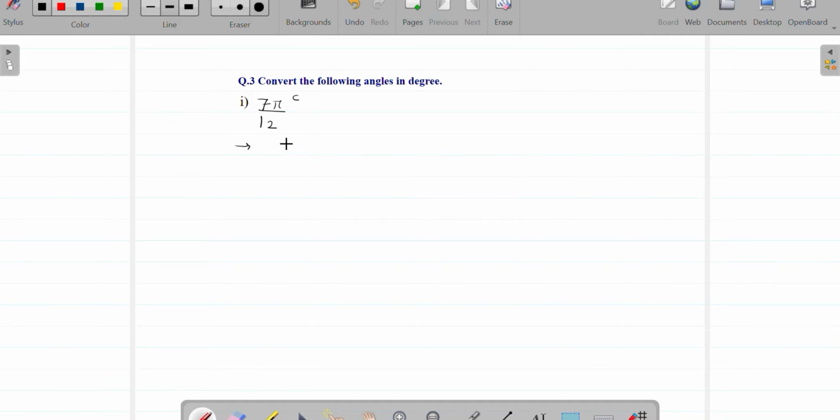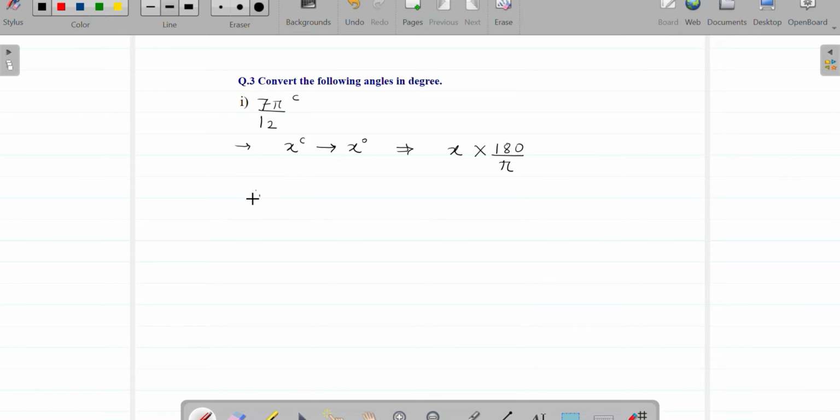We know that to convert radian measure into degree measure, we have to multiply the given angle into 180 upon pi.